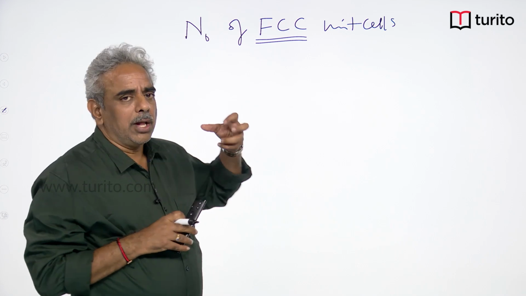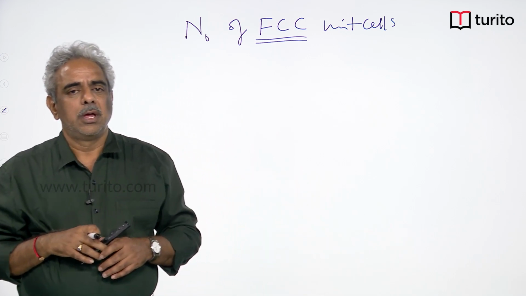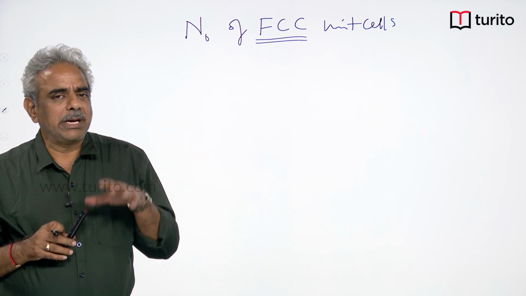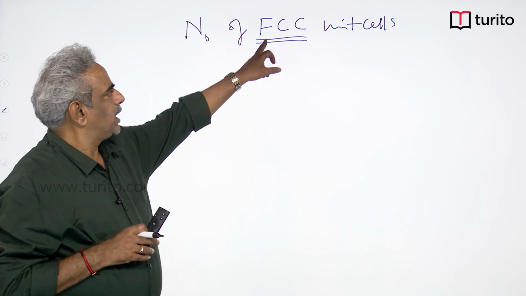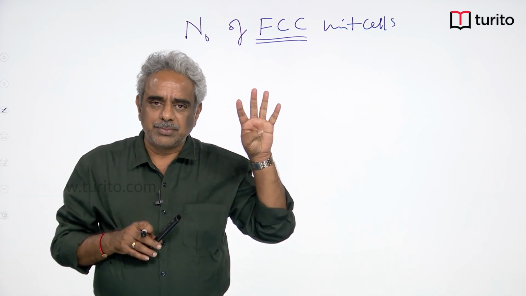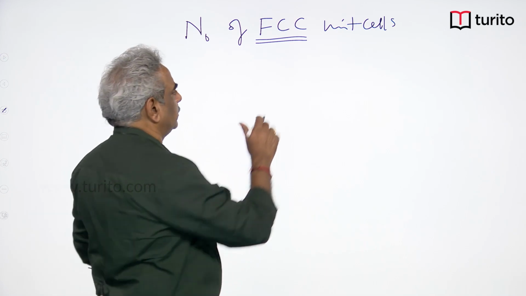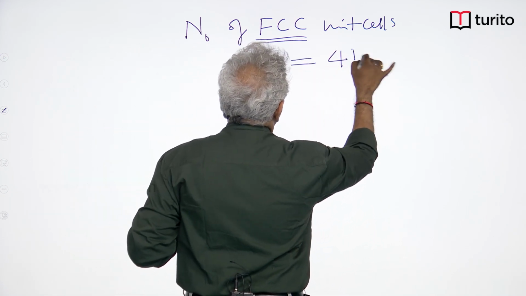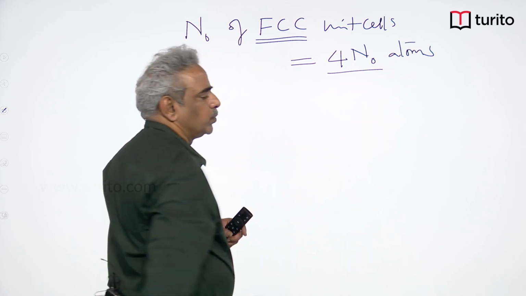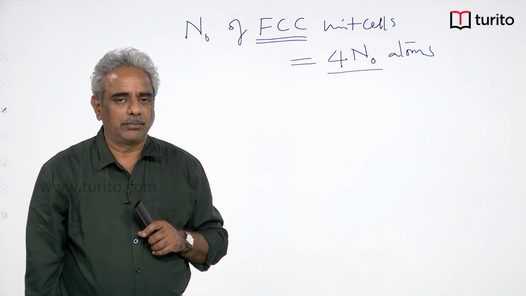By dismantling all the unit cells, dismantling means separating all the unit cells, how many BCC unit cells can you get? Very simple, these are FCC unit cells. One unit cell will have 4 atoms. You have got N naught unit cells. So, how many atoms are there? 4 N naught atoms. Using those atoms, how many BCC unit cells can you prepare?